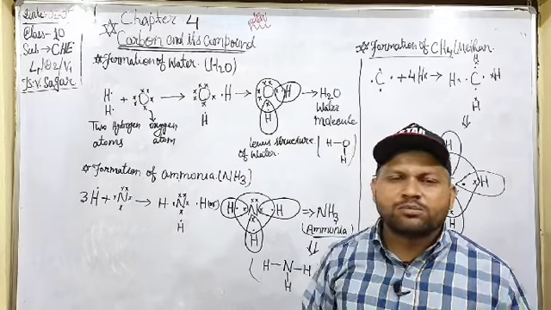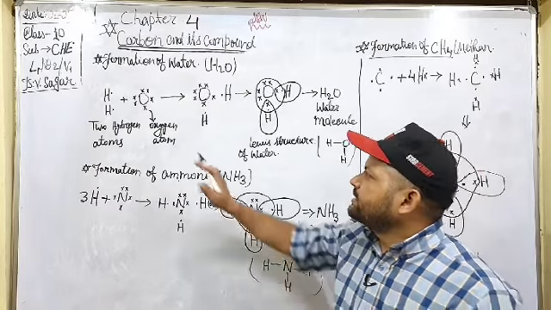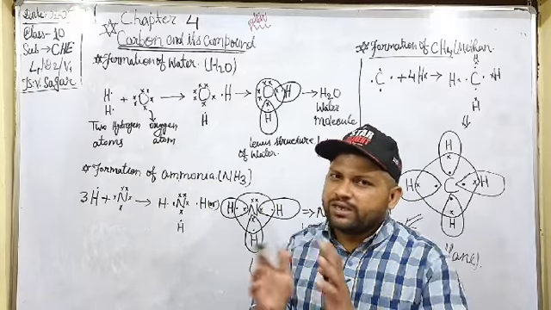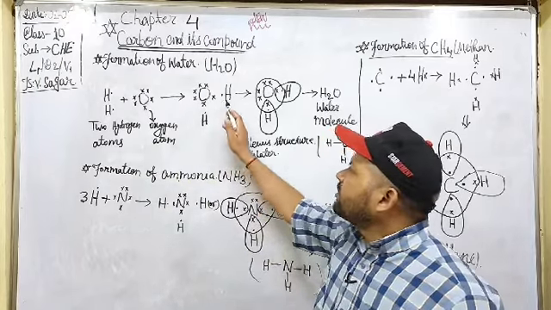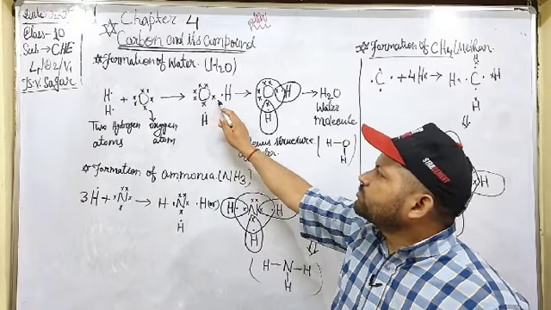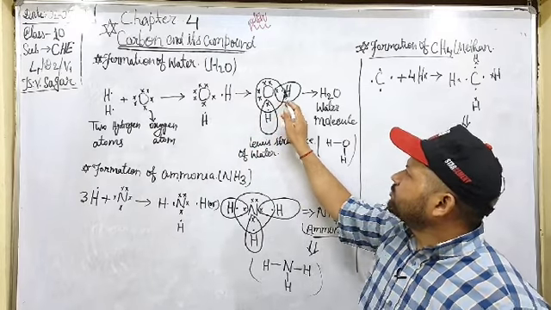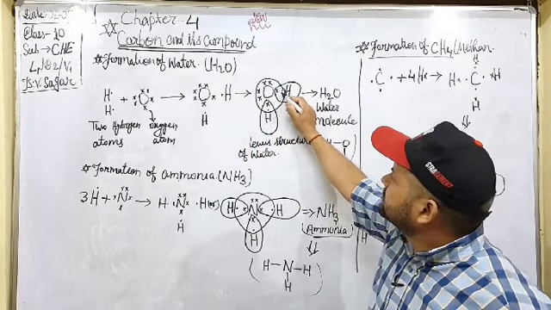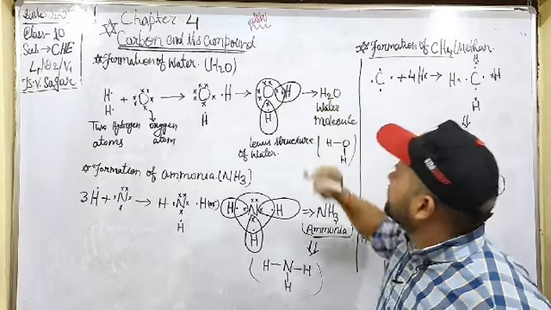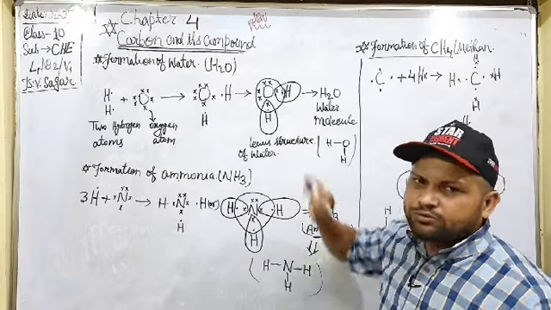Then how does the formation of bond take place? To complete their octet, they have to share their electrons with each other. So sharing of electrons takes place in this manner. Here 1 electron of oxygen has to be shared with the single electron of hydrogen, and the other with the single electron of the other hydrogen, and they form this type of structure.